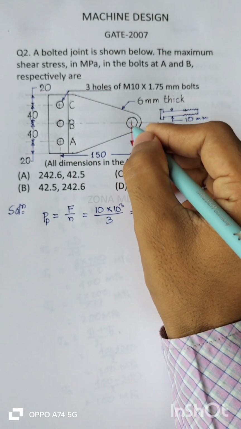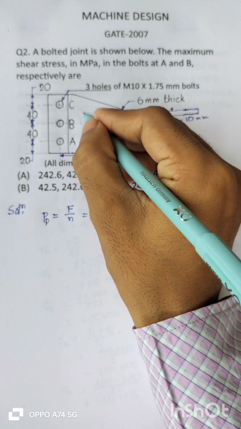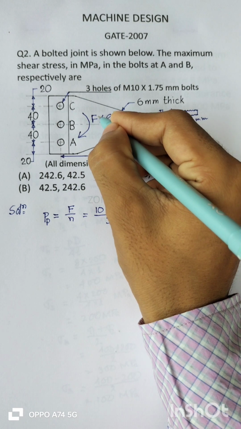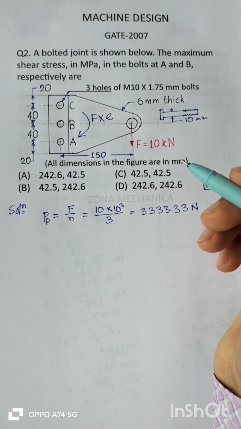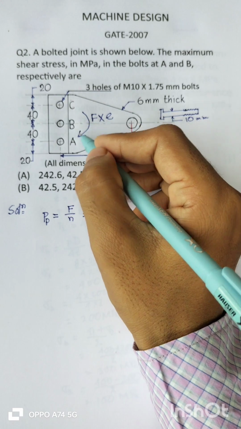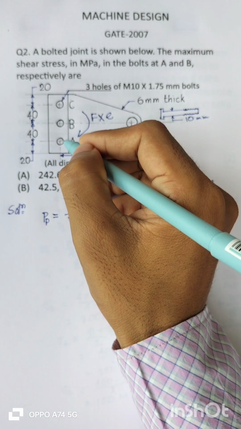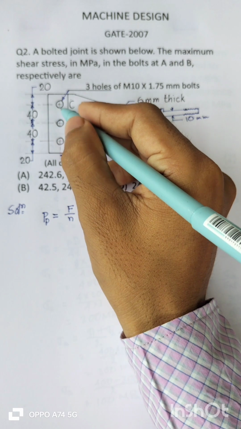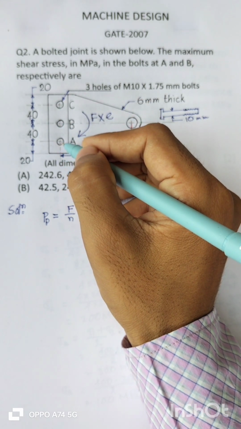See, clearly this will be a clockwise moment, right? F into E. A clockwise moment will be generated. See, due to this moment, an additional load will be generated in these bolts.